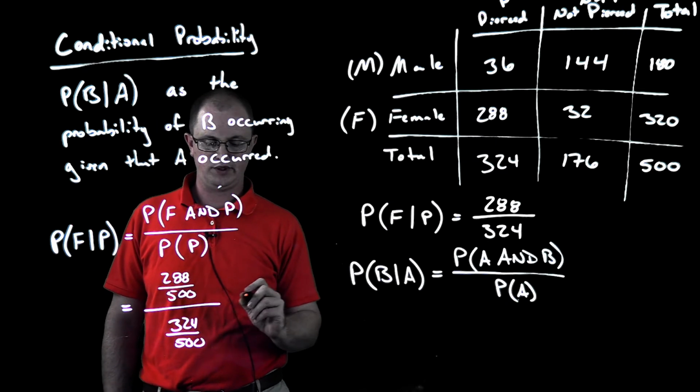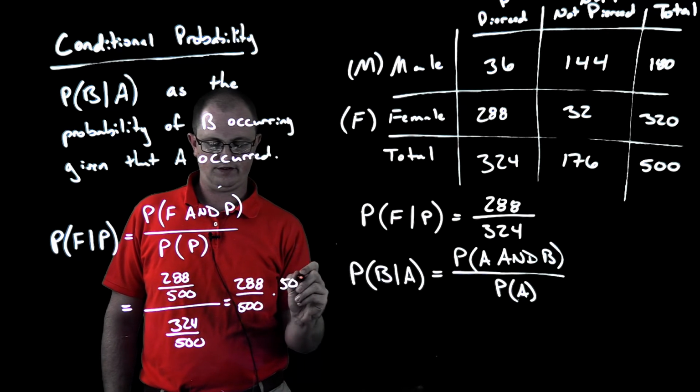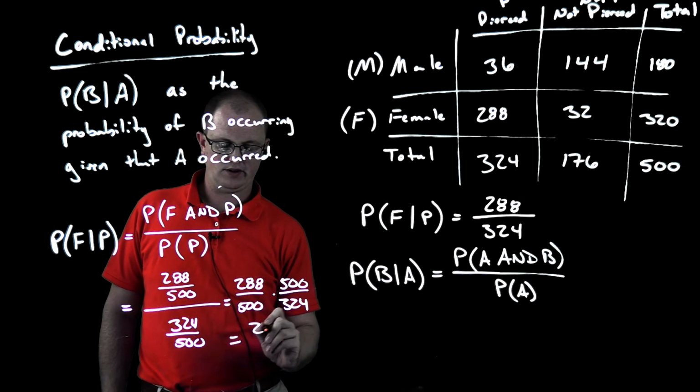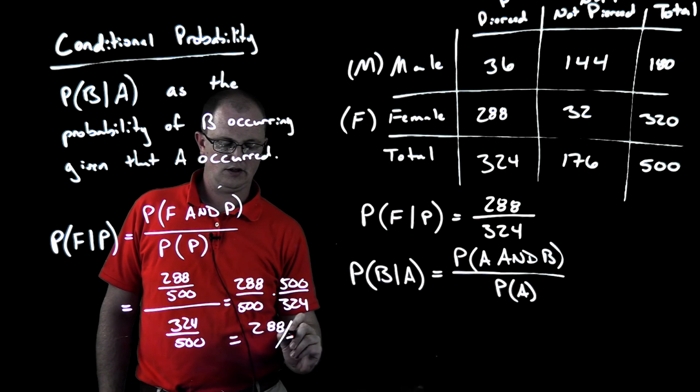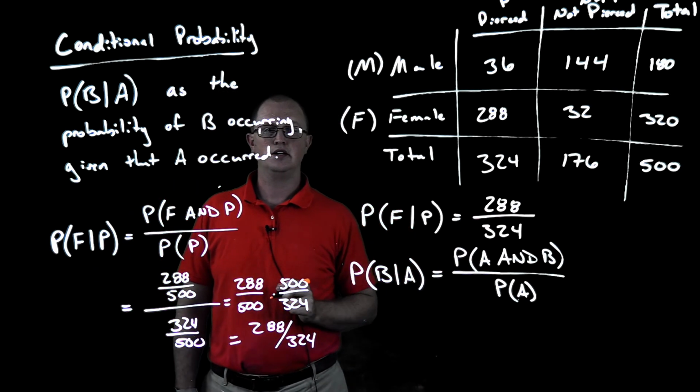And if you do a little bit of algebra, you get that this is equal to 288 over 500 times 500 over 324. Our 500s cancel out, and we're left with 288 over 324, which is exactly what we got before.